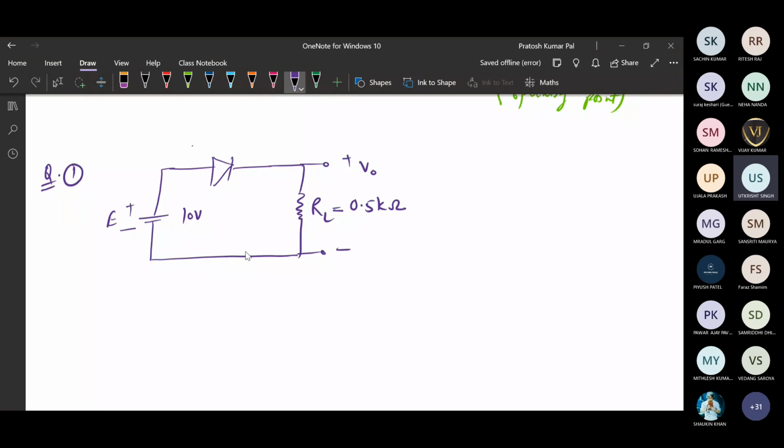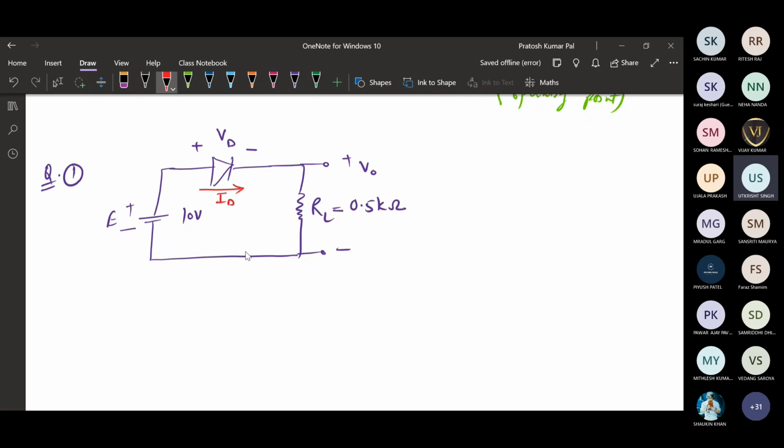Okay, and here this is the voltage drop across the diode, and the current in the diode should be flowing only in this direction. That means the current should be flowing from this positive or p type side to the n type side. Okay, so this is the conventional current direction basically.